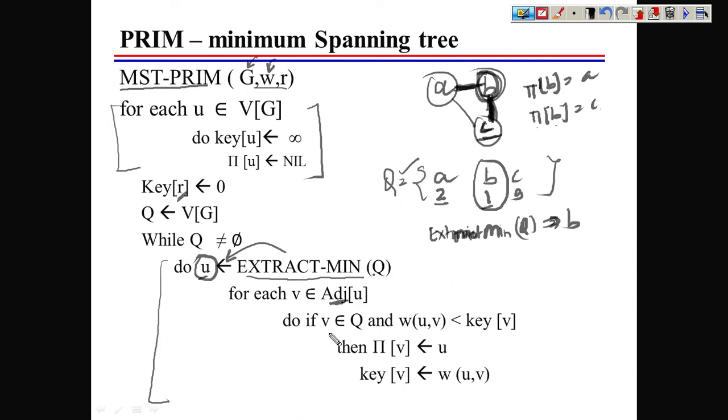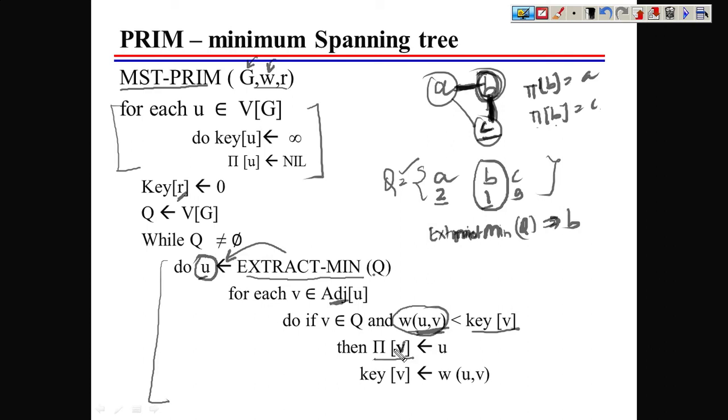Now if V is a part of Q, means the neighbor is still existing in the set, and the path from U to V is less than the key value, then if you find that this path value is less than the key, you are going to update the predecessor of this vertex. If this is not true, then we are not going to update this. This means that you are able to find a new path which gives you a lesser cost than the previous one.